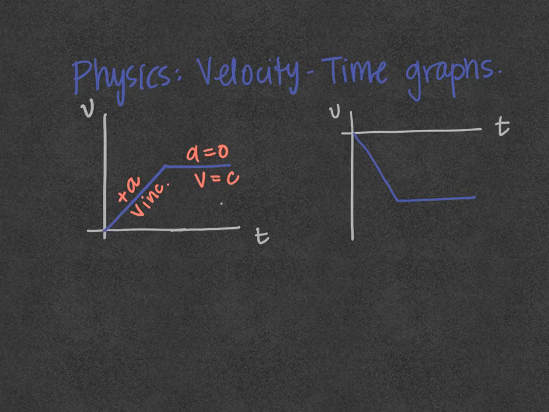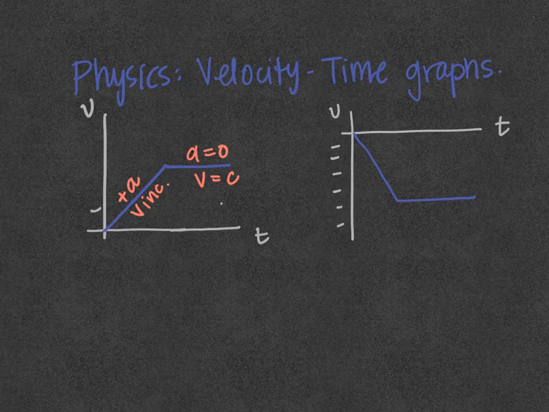Now, it's important to remember that the sign represents the direction. You can't go slower than stopped. So a -2 meters per second means you're moving 2 meters per second in the opposite direction.